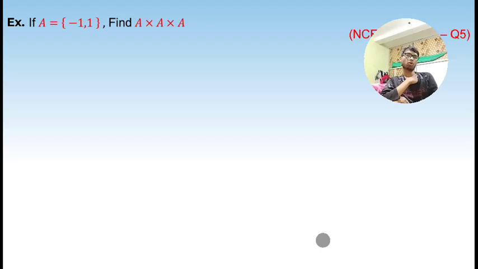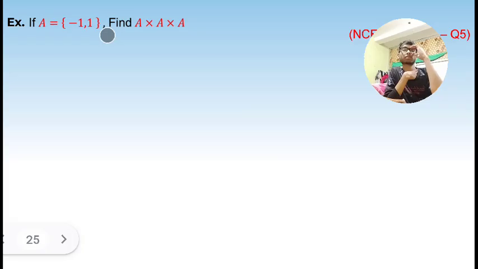If A is equal to minus 1 comma 1, then the Cartesian product A × A would be what? Minus 1 comma minus 1, then minus 1 comma 1, like that.